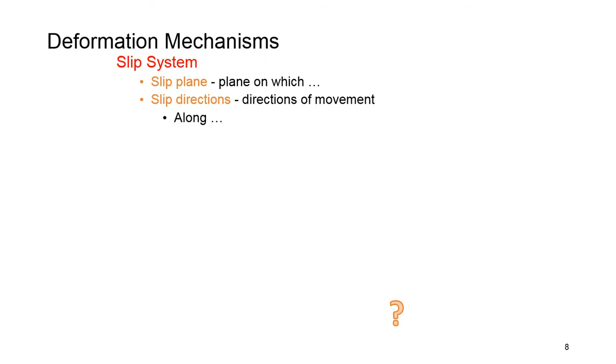So in these planes we have the highest planar densities and, of course, large interplanar spacing. And by slip direction we mean the direction of movement. Of course, along this direction we have the highest linear densities, and by linear density we mean the number of atoms along a certain direction, as we discussed in the previous chapters.